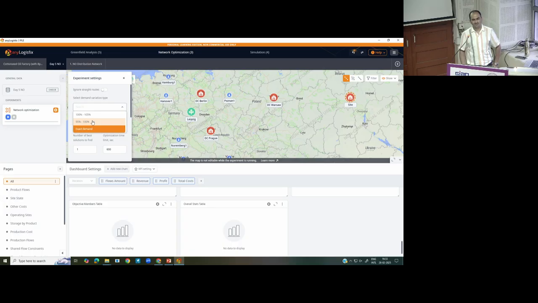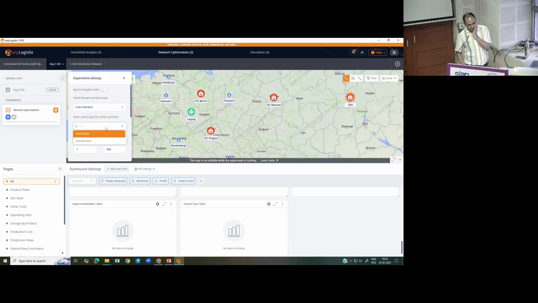What are these two options? 100 and 105, 95 and 100. Suppose if you want to consider the exact demand, whatever we have given in the table, select this one. But if you want to see what happens when your demand varies from 95% to 100%, then you select this one. Then the model will vary the demand as per the given demand from 95 to 100, and it will run the model. But at the moment I am saying exact demand.